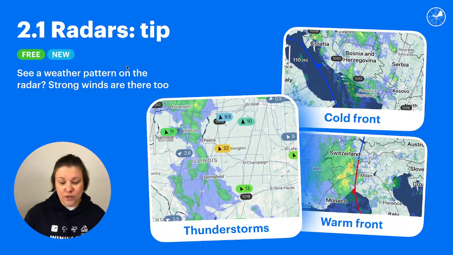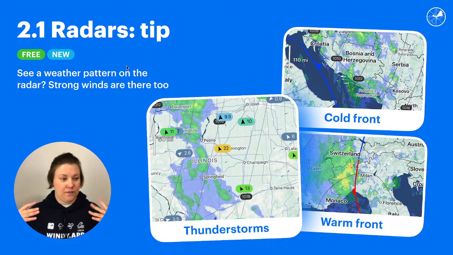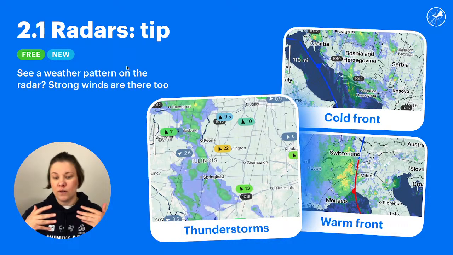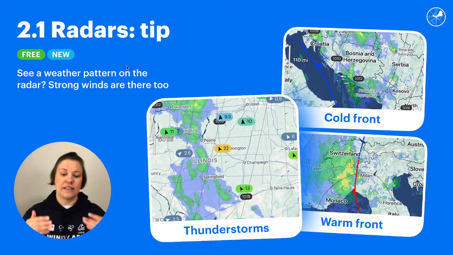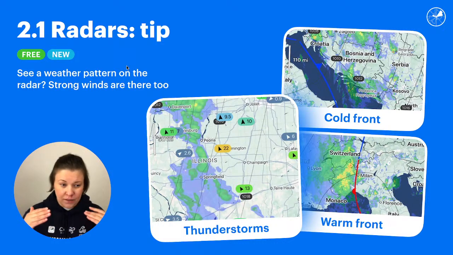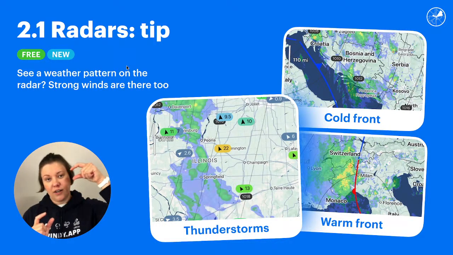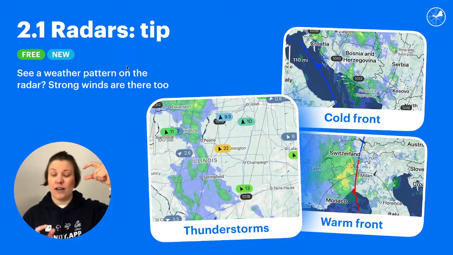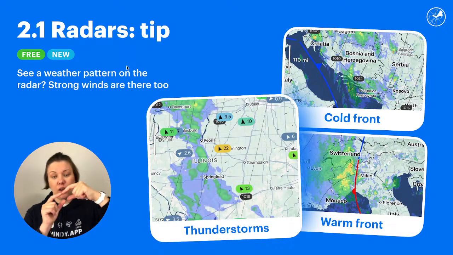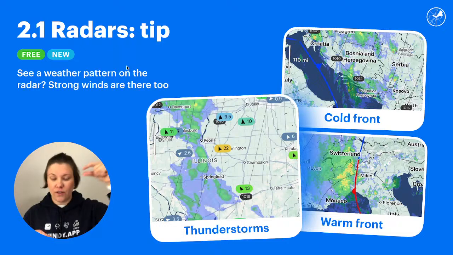So for thunderstorms, there's usually significant wind, squalls, and gusts at the bottom of the cloud. Then for a cold front, it's usually a long, thin line of precipitation, and quite often thunderstorms.